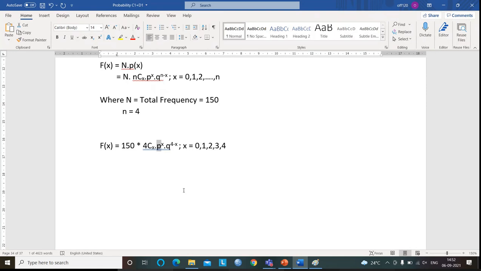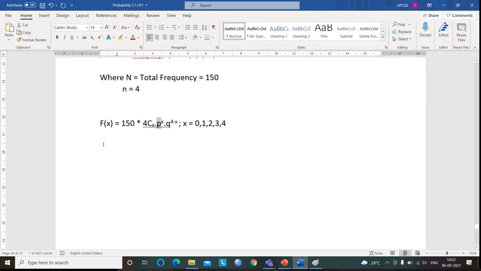In binomial distribution, I know that mean is equal to np. Now, if I know the value of mean, can I find the value of p? Yes, because I know the value of n here.